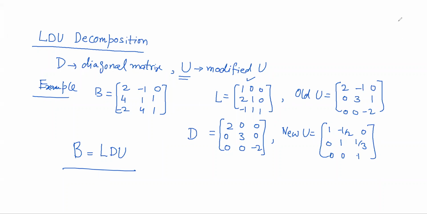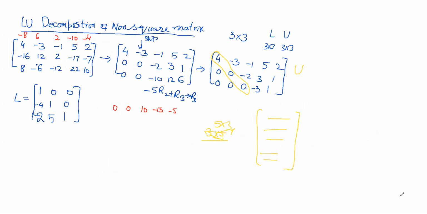May I ask about the previous exercise? Which one? This one? About the non-square matrix. Yeah, this one, the one I'm showing you. So what was the purpose of eliminating minus 10 in U? We eliminate minus 10 to obtain the U matrix. The elimination will give us the U matrix.